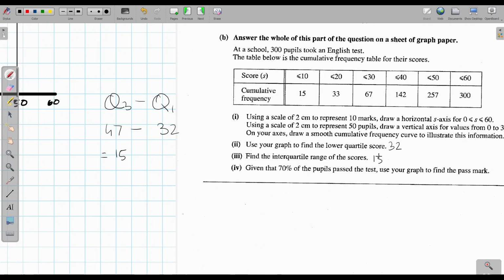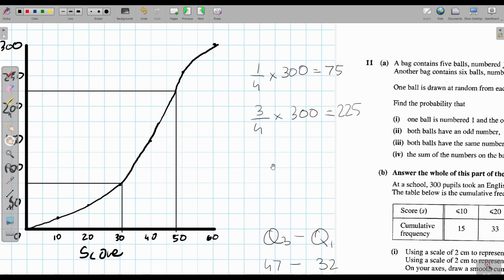Okay, so given that 70% of the pupils pass the test, use your graph to find the passing mark. So 70% of the pupils have to be above whatever number of pupils we get that pass the test. So let's do 7 over 10 into 300, which is just going to be 7 into 30. 7 3s are 21, so that's just going to be 210.